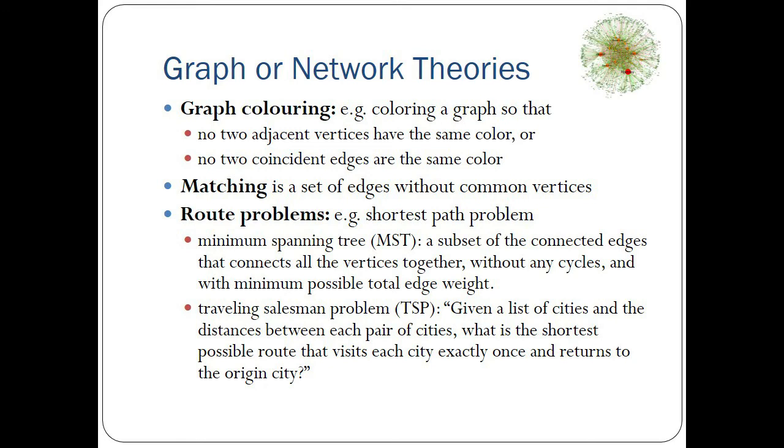That means the salesman wants to start from point A, go to all the other cities B, C, D, E, F with the shortest possible route, and then return back to A. This is the traveling salesman problem, and you'll study it in much more detail in graph theory, and you'll see many applications of this as well.